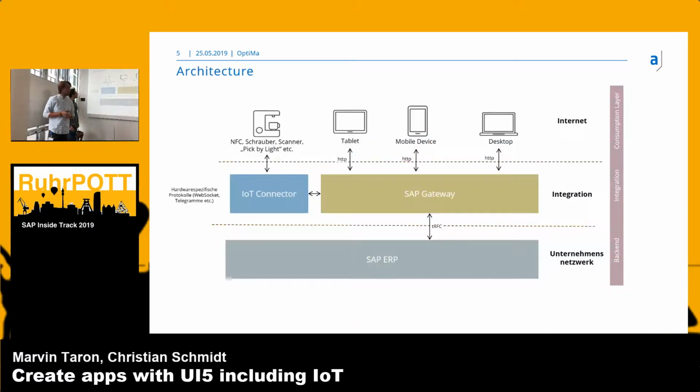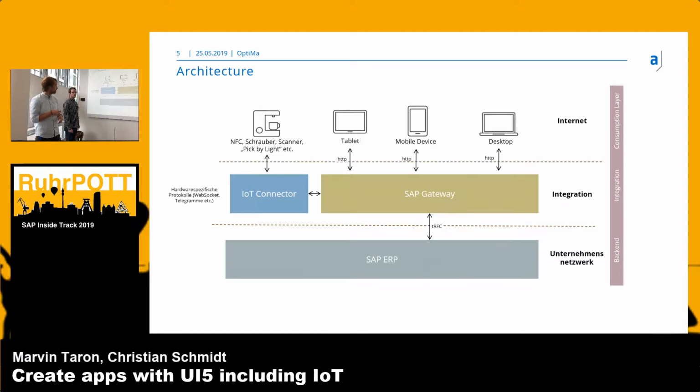So now let's start with how we did it. This is the architecture of our project. We have the SAP ERP in the backend. We use the SAP Gateway in the integration layer, and we implemented an IoT connector based on Java.